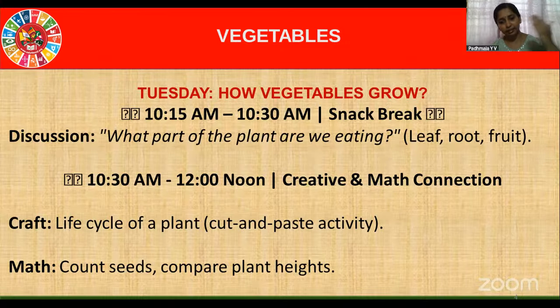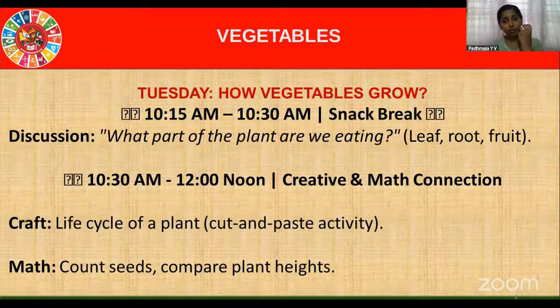Then 10:30 to 12. Here I have made it very flexible. I have given just two activities so that you can include your activities too. Creative and math connection. Here we are going to do a craft on the life cycle of a plant.